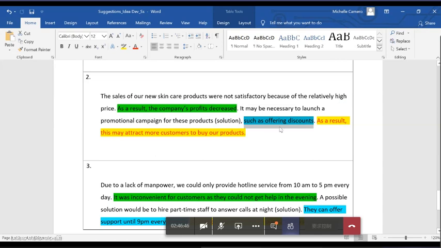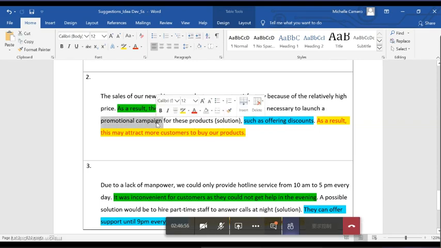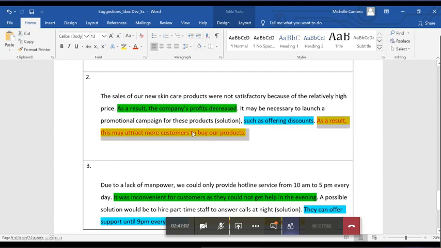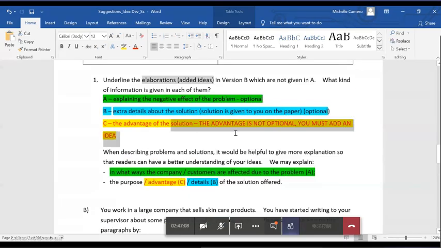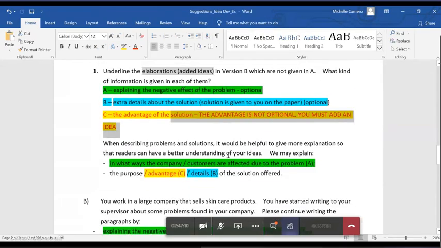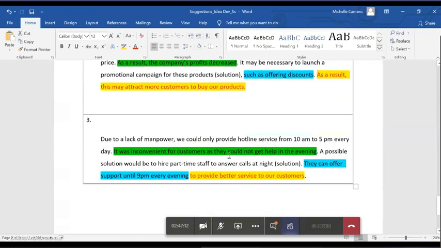So here's an example of extra details about the solution. So remember, it may be necessary to launch a promotional campaign for these products. So we're talking about a promotional campaign, and then we're giving more examples about that, such as offering discounts. As a result, this may attract more customers to buy our products. And so this is the advantage of the solution, which, remember, students, is not optional. You have to add the idea. I'm going to say this for everyone, students, because it's just important.